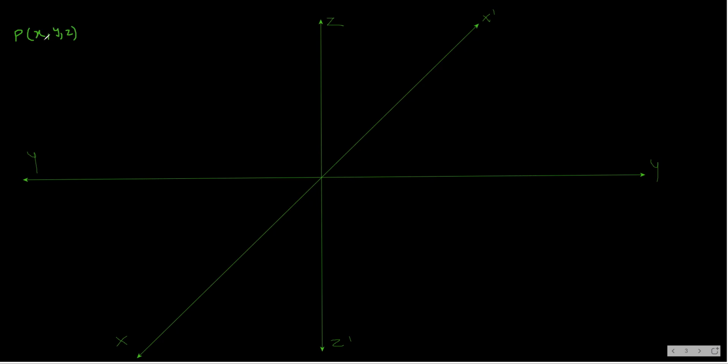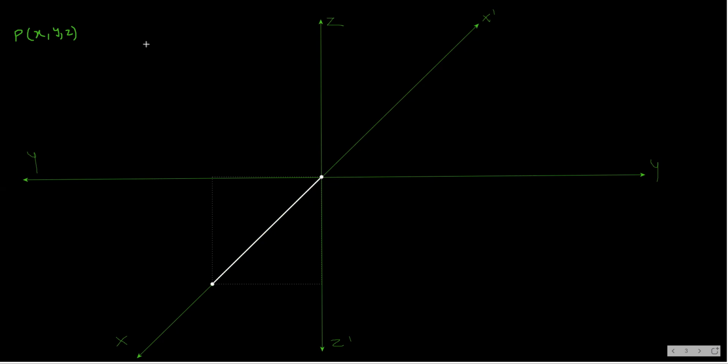Its x displacement is x units. x could be positive or negative, but irrespective of that, we are going to take positive. So x unit is this big. This is the x unit which I took.